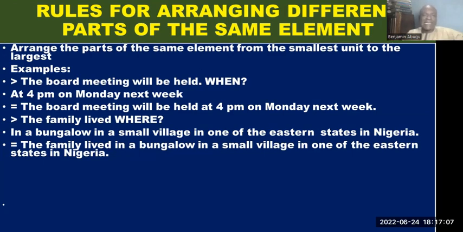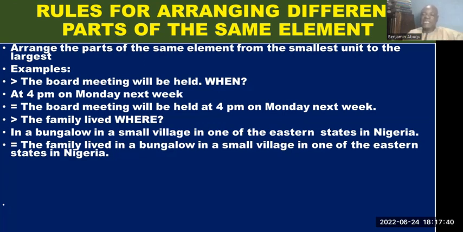Now let's look at an example that has to do with different parts of the adverbial of place, the adjunct of place, if you like. The family lived. The question is where? Where did the family live? In a bungalow, in a small village, in one of the eastern states in Nigeria. All of these refer to where. In a bungalow is where. In a small village is where.